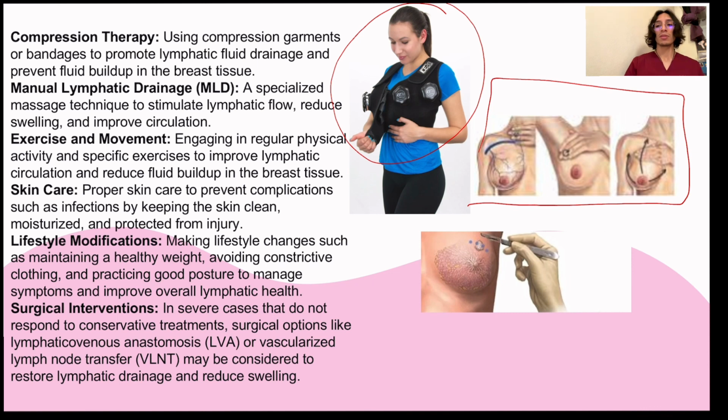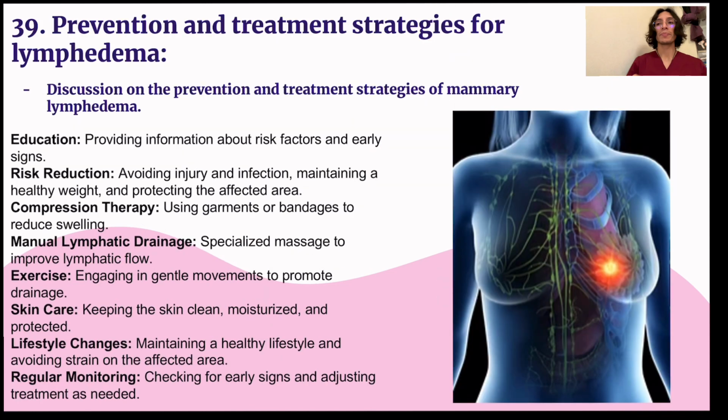Surgical interventions: in severe cases that do not respond to conservative treatments, surgical options like lymphaticovenous anastomosis, or LVA, or vascularized lymph node transfer may be considered to restore lymphatic drainage and reduce swelling.